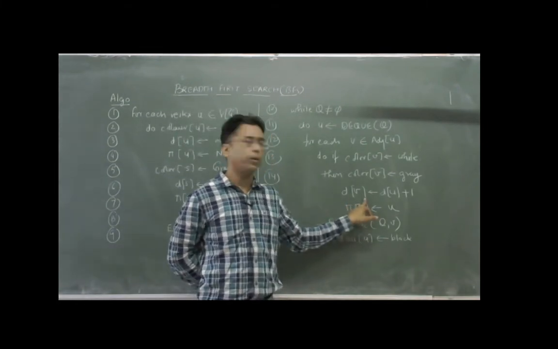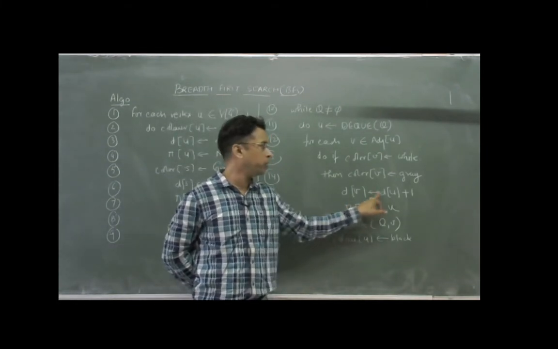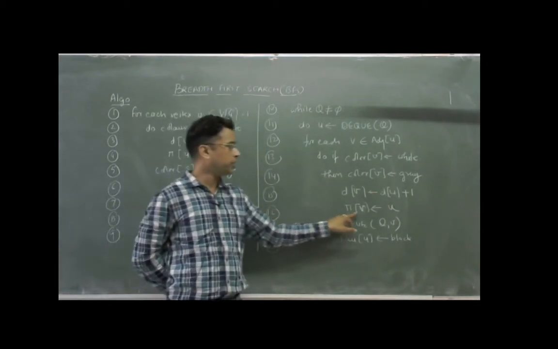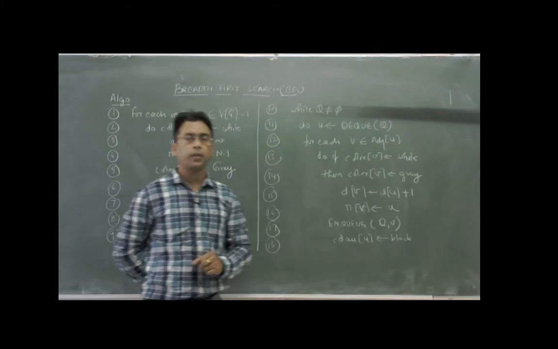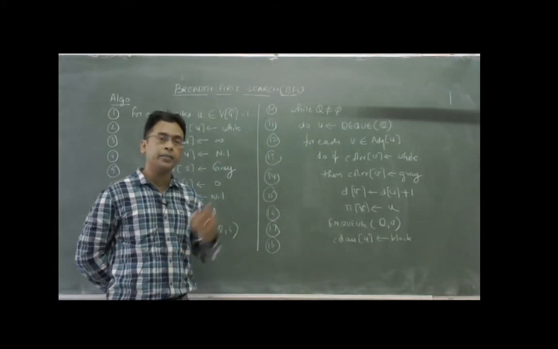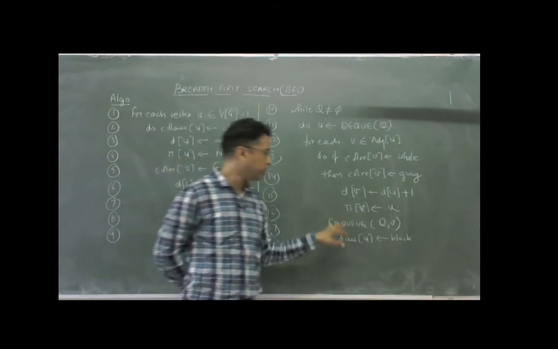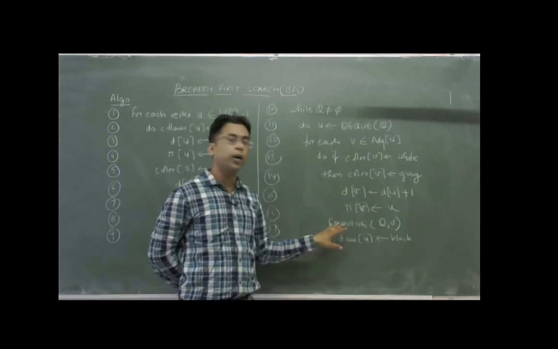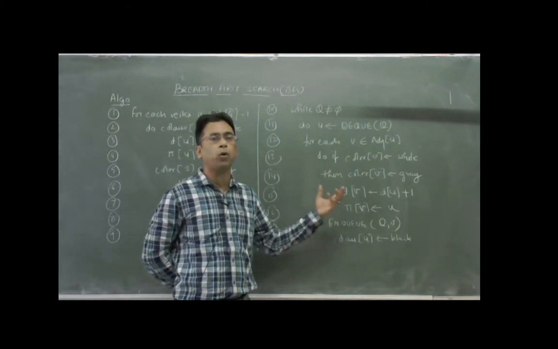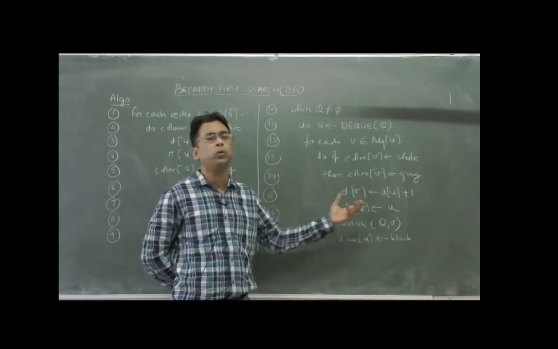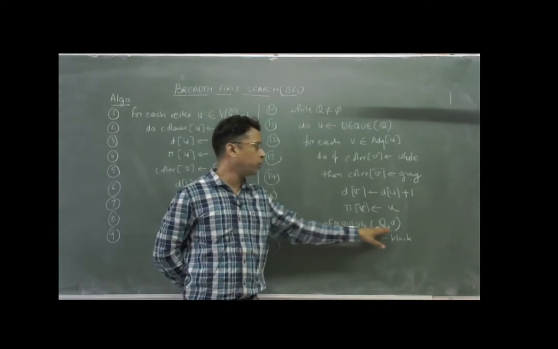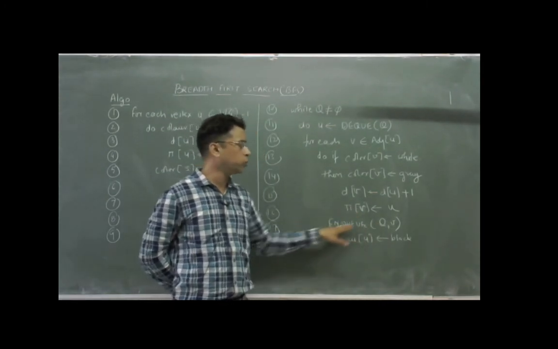So when you replace the value dv equals du plus 1, after that you set pi v equals u, and the node through which it was discovered is set as the predecessor or parent of that node. After doing this, you enqueue that element.